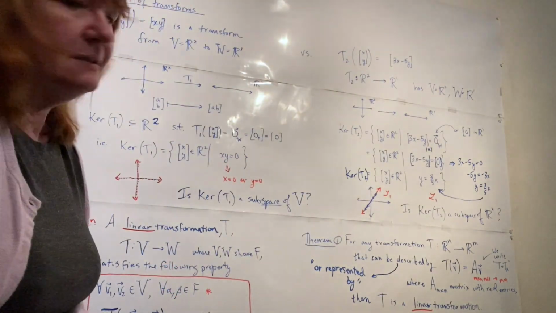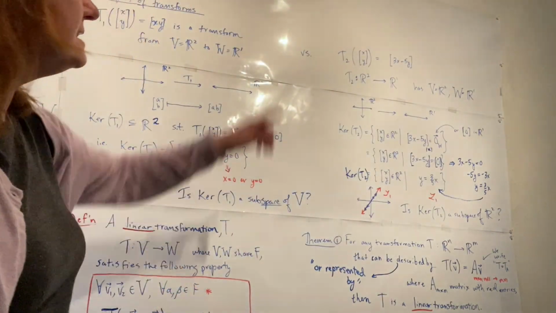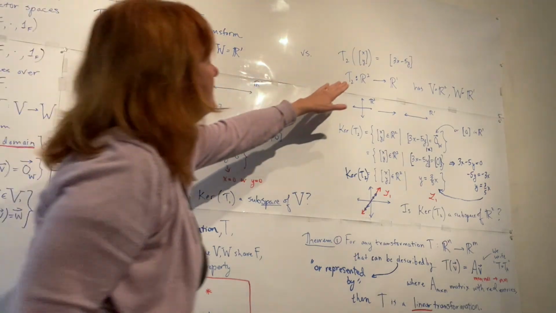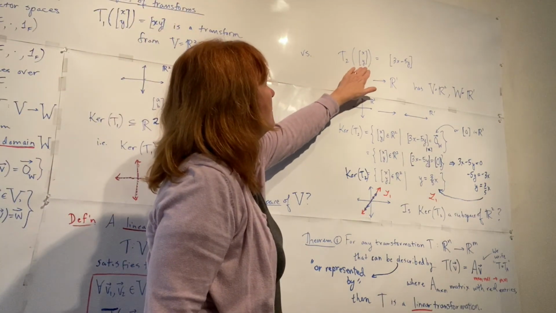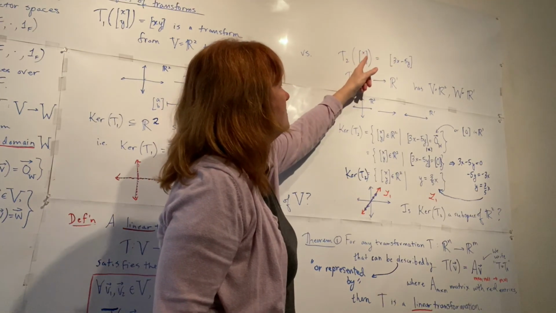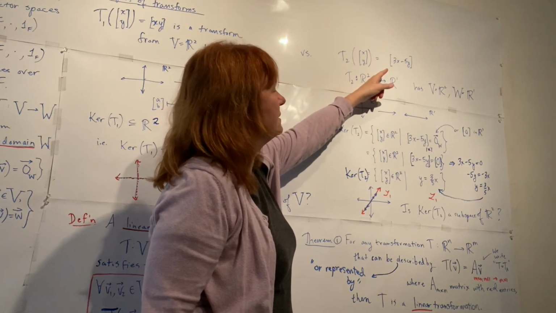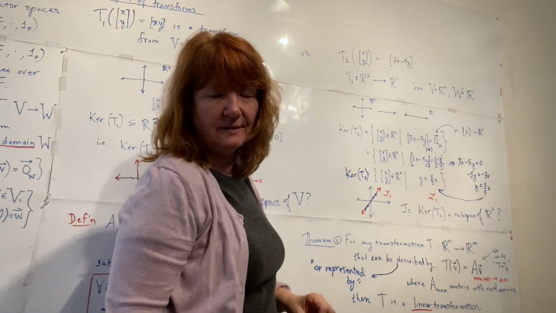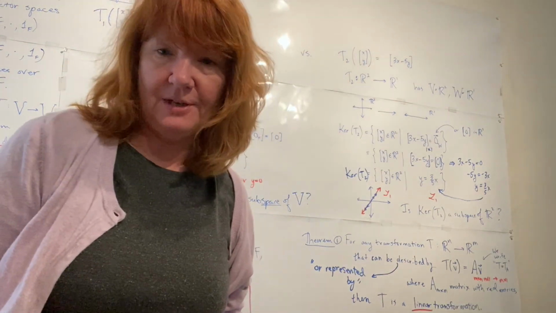We've come back. Now do the same thing for T2. This transformation takes a 2 by 1 and maps it to a 1 by 1, where the components x, y get put into a linear combination, 3x minus 5y. Is that a linear transformation?